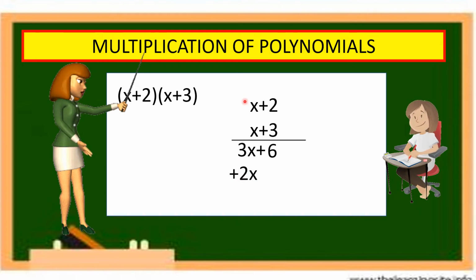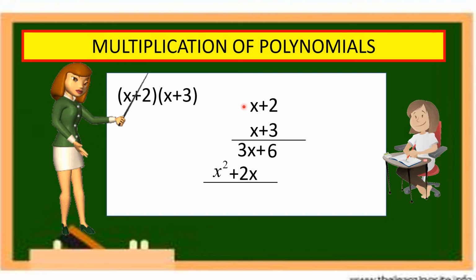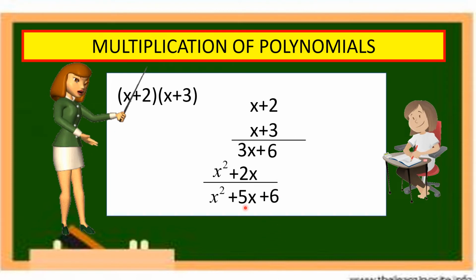And x times x is x squared. Then we will add, bring down x squared. 3x plus 2x is 5x. Then bring down 6. So x plus 2 times x plus 3 equals x squared plus 5x plus 6.